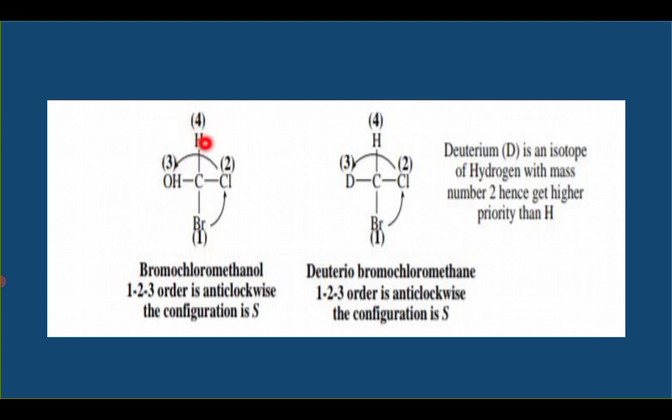So the sequence is anti-clockwise, hence the configuration is S. And in this example, the atomic number of bromine is greater than chlorine, and chlorine is greater than deuterium and then hydrogen. So this sequence is also anti-clockwise, hence the configuration is S. Okay.